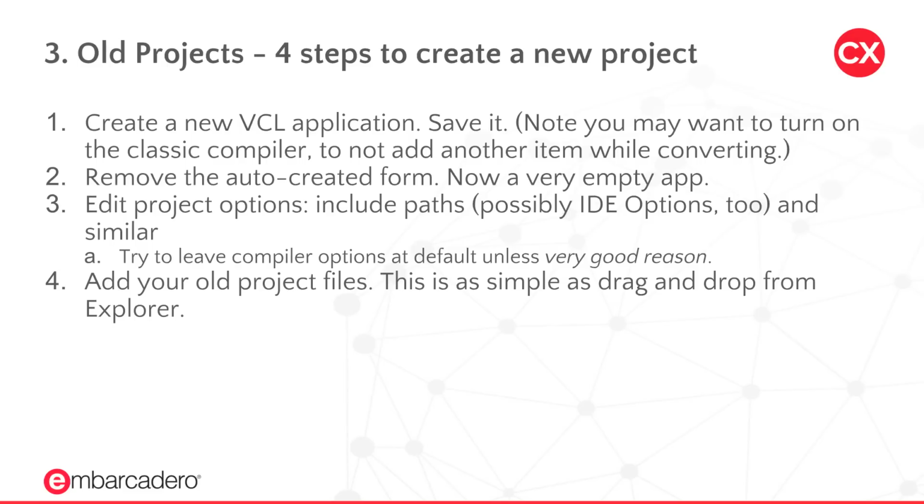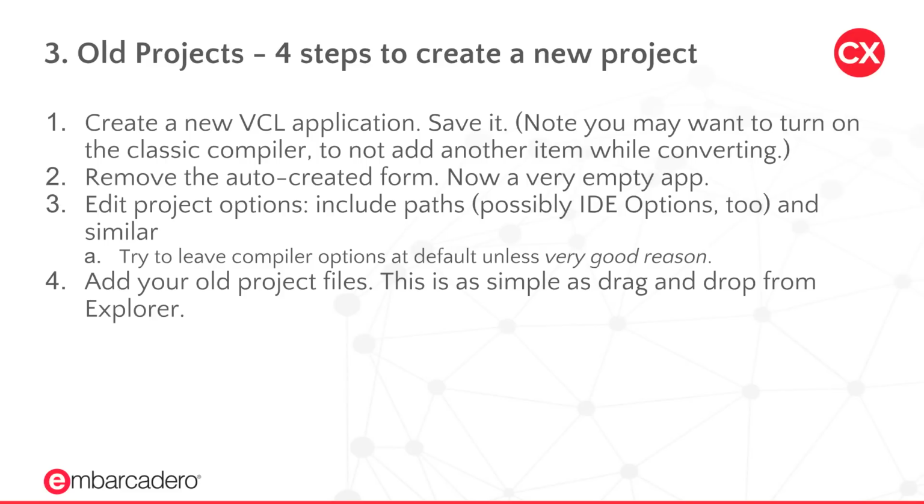At this point, I would edit any project options that you want to, things like include paths, obvious candidates. One thing I would recommend though is to try to leave as many compiler options at default as you can, unless you have a very good reason. This is mainly so that it will make it easier to upgrade from classic to Clang, but also that you really want to keep as close to the default settings, usually, as you can.